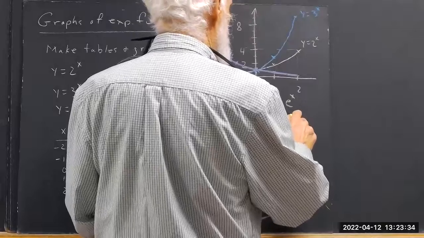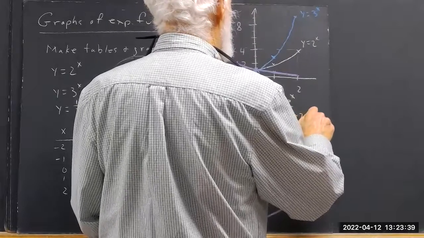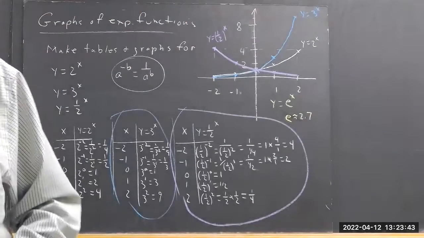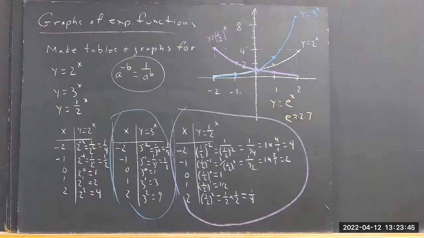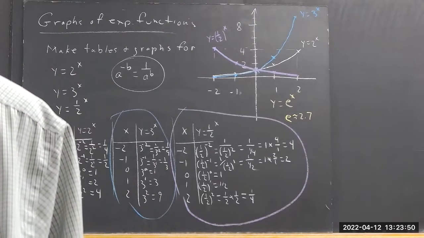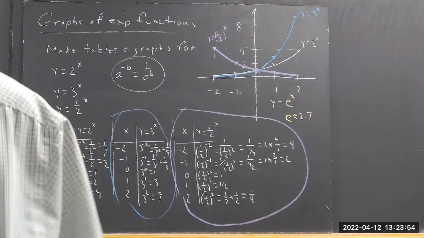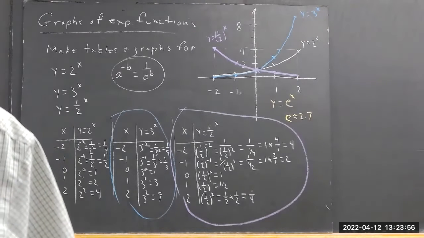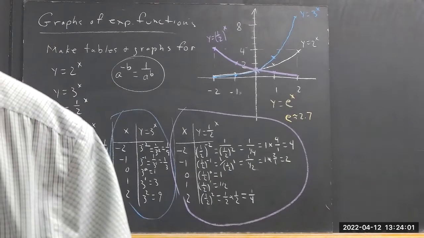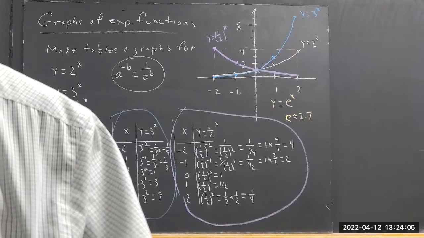Okay, e is approximately equal to 2.7. Now, a little more exact, it's 2.718. 2.7128, and it seems like it's going to repeat that 7128, but it doesn't.